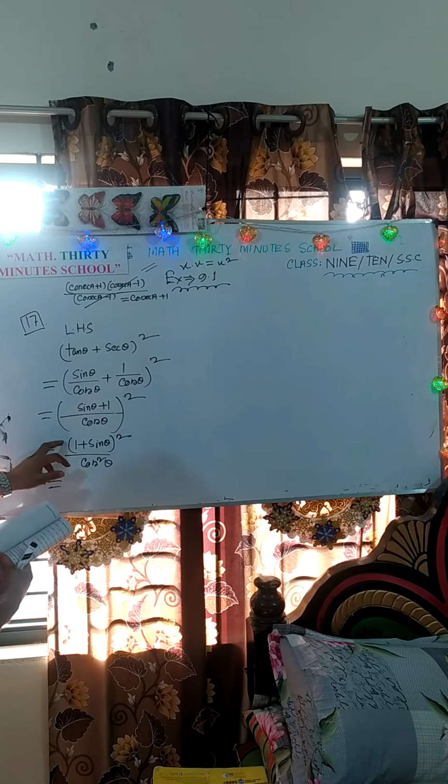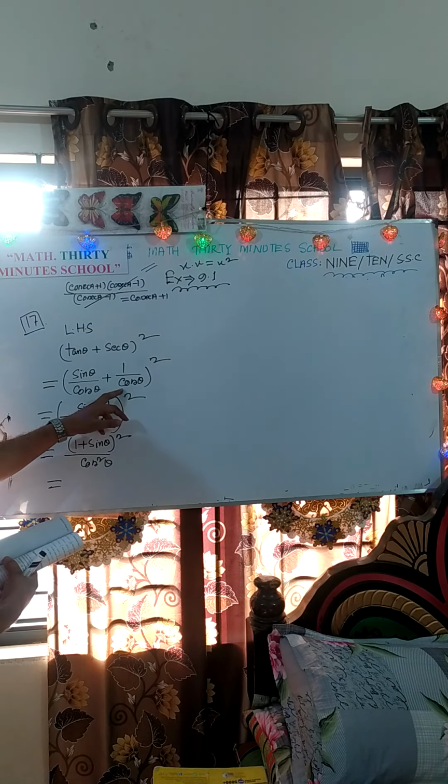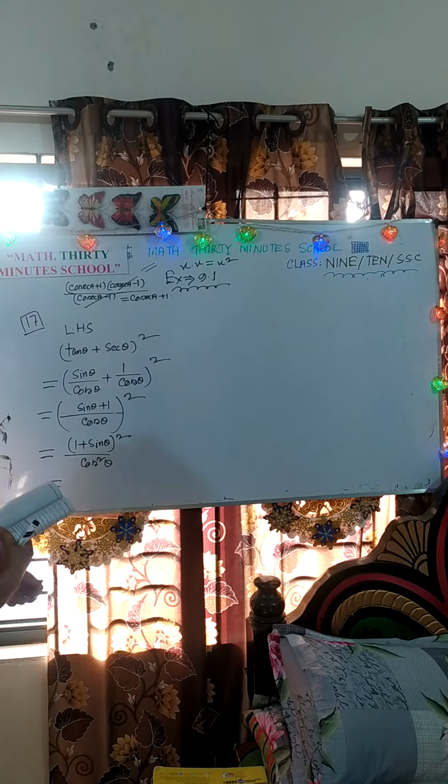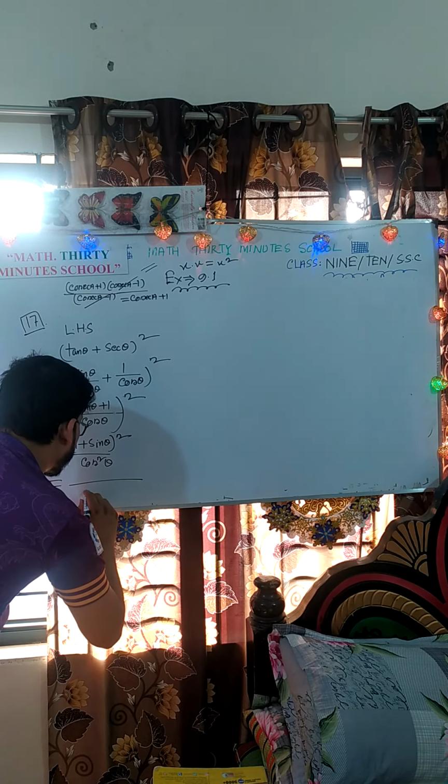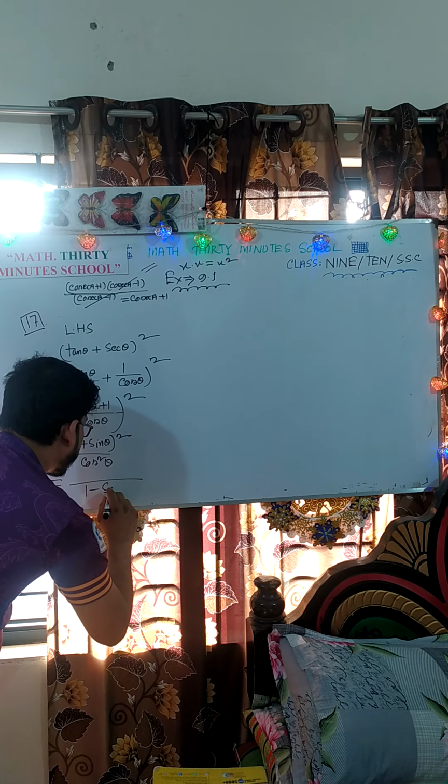Then we will get 1 plus sin theta whole square and cos square theta at the denominator. So we just separate the whole square with sin theta plus 1 at the numerator and cos theta at the denominator. And we know cos square theta equals 1 minus sin square theta.